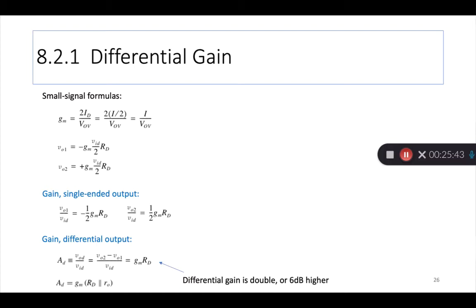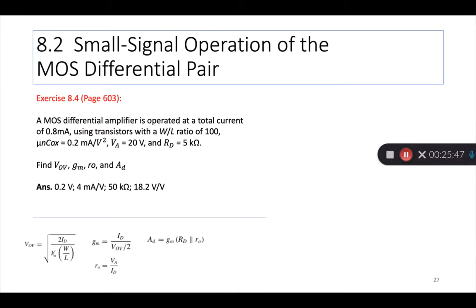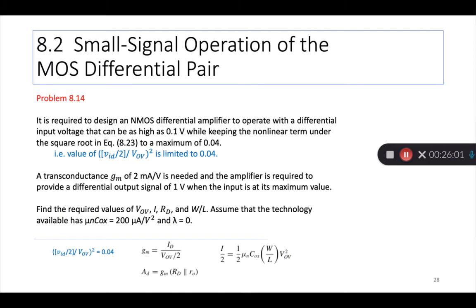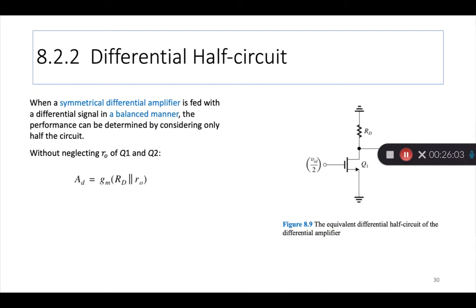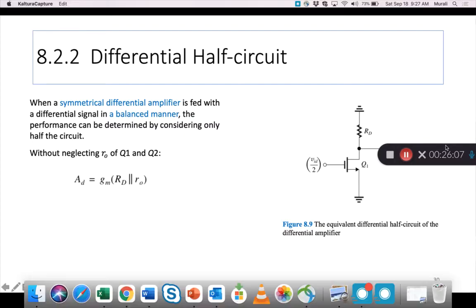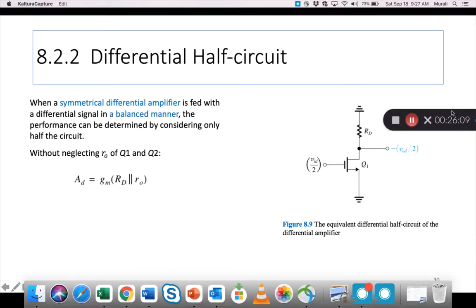So we are focused only on differential gain. We have some problems on this section, which we may come back to either in this recording or the next one. But for now, I'll skip slides 27, 28, 29, and we'll stop at a topic called differential half circuit.